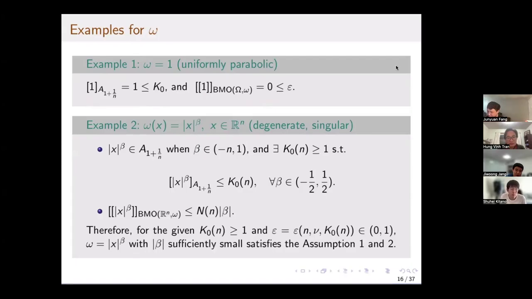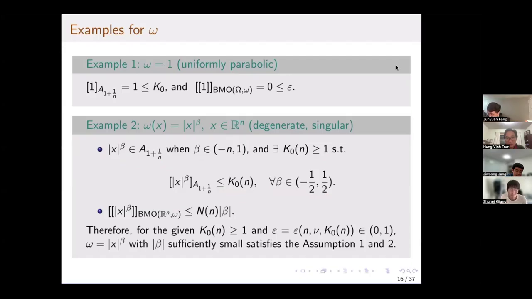The second example is omega equals the modulus of x to the beta. If beta is very small, this one can be degenerate or singular. On one hand, we know from harmonic analysis that if beta is between negative n and 1, we have this in this class. This is a known result from harmonic analysis. Also, if we restrict beta to between negative 1/2 and 1/2, there exists some constant depending only on the dimension such that this characteristic number is less than this uniform constant.